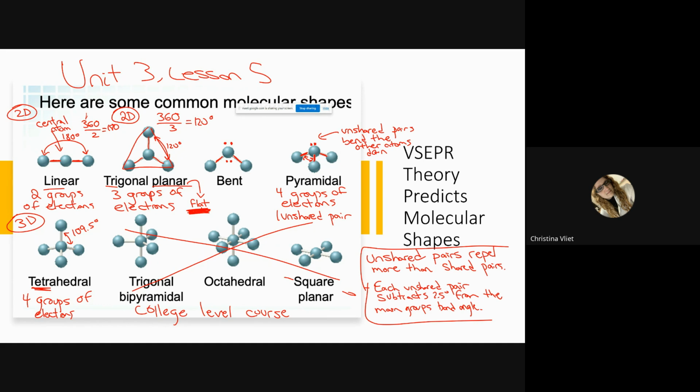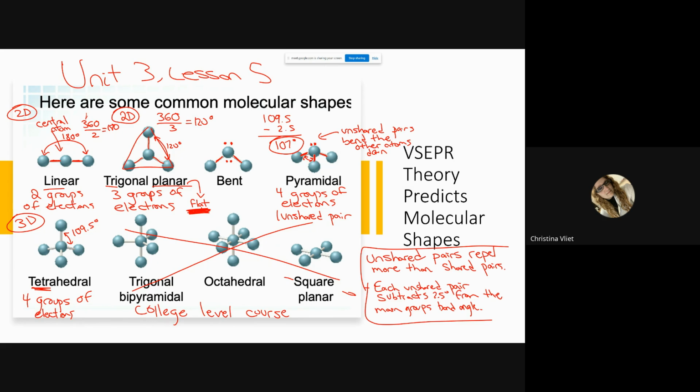So 4 groups of electrons would be 109.5, except one unshared pair means you do what now? Take away 2.5 from 109.5. So in order to get the bond angle, you would take 109.5 and subtract 2.5. What does that give you? And it turns out every time for pyramidal, the answer is going to be 107. You can look at the chart underneath. It'll say 107. And so this is a little trick to help you so that you don't have to straight up memorize a ton of values.